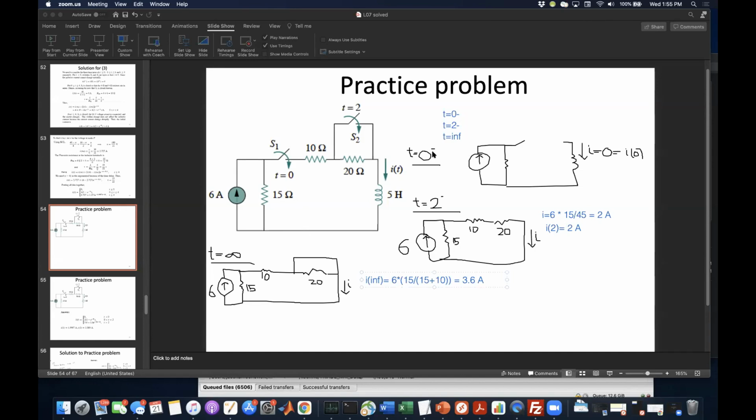To get that, we need to determine how much resistance is seen by this inductor right after the first switch flips and right after the second switch flips.